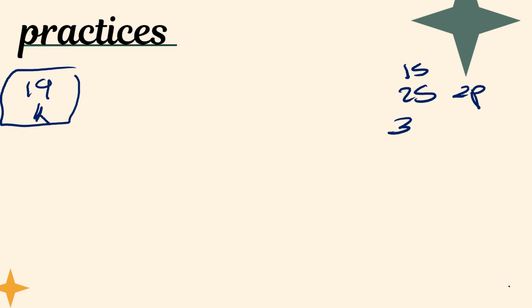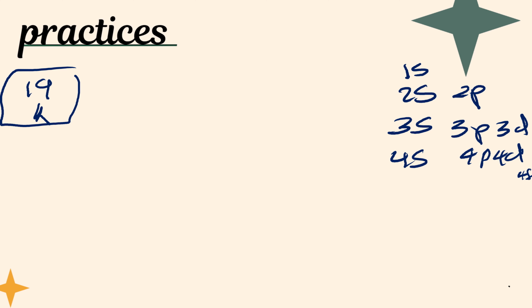Let's say we have potassium, which is 19. So 19K, and we need to write its electron configuration. We need 1s, 2s, 2p, 3s, 3p, 3d, 4s, 4p, 4d, and 4f.